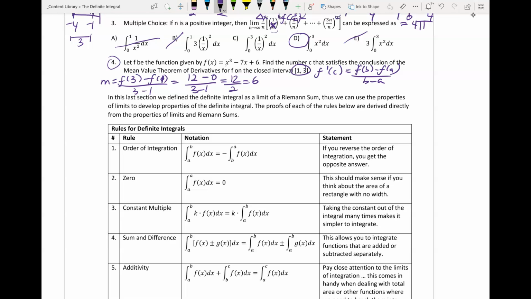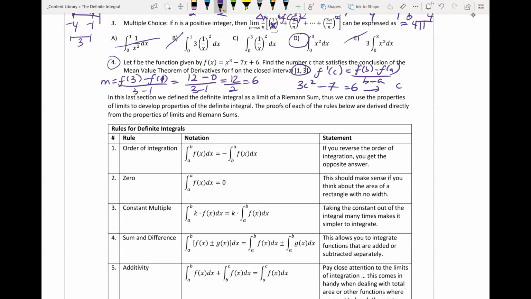Okay, so I already found this part here on the right-hand side of our equal sign. That is 6. And we can find f prime of c by taking the derivative of f of x. So this is going to be 3c squared by our power rule, minus 7. And now we're going to solve for c.